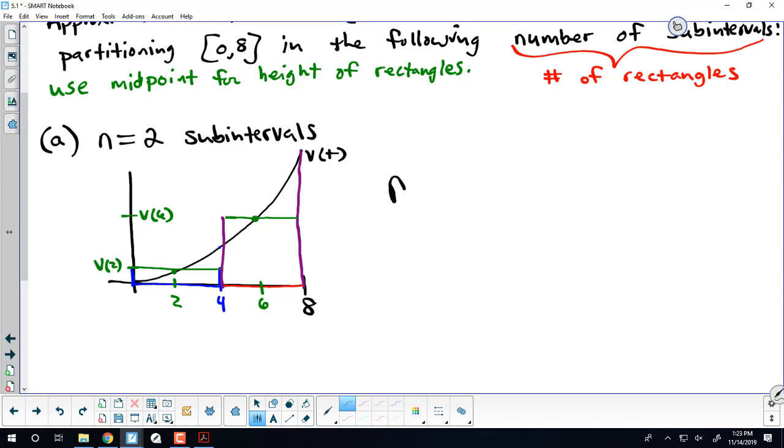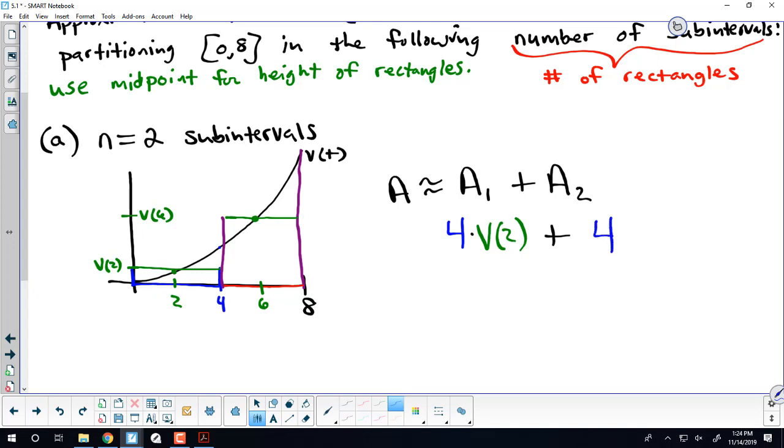So the area, we'll just say, is approximately the area of the first rectangle plus the area of the second rectangle. The area of the first rectangle is the width of the base, which is 4, multiplied by its height, which we said was v of 2, plus the width of the second rectangle, also 4, times the height of the rectangle, which was v of 6.